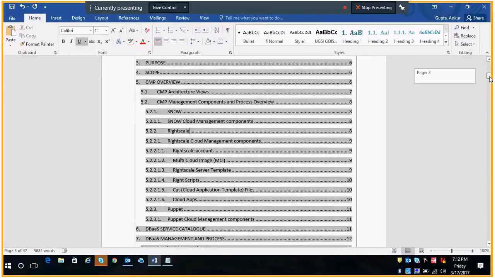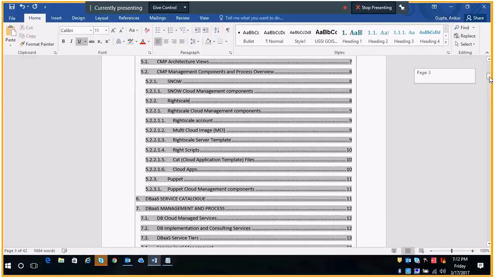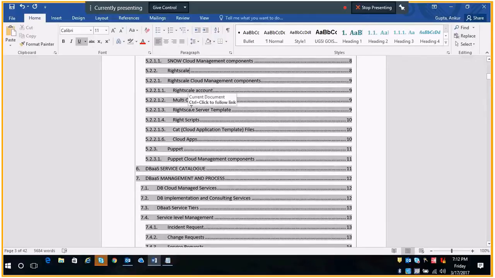After we know the CMP flow and what the components of the CMP are, then we need to really see what our database service catalog is, what we are talking about. So the database service catalog will make you understand what the services are that we want to build upon. Then we are talking about our DBAAS management and processes here.